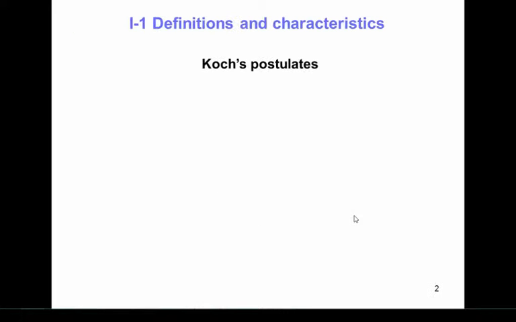Okay, so always a good place to start is Koch's postulates. How do we know when somebody has a disease? How do we know that it's caused by a bacterium or any other type of infectious agent? Also valid for parasitic diseases and viral diseases.